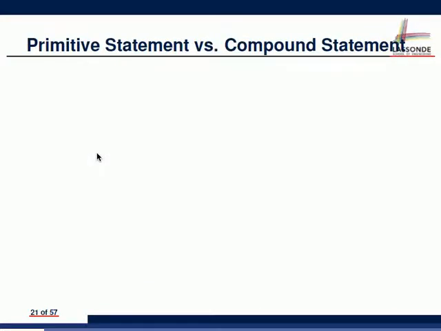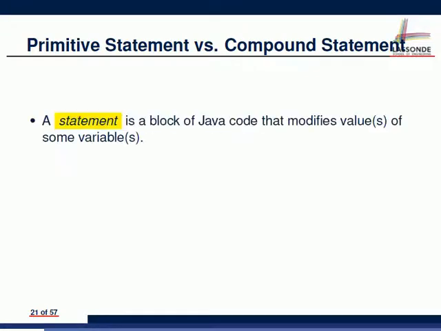Okay, that was easy. I kept talking about primitive versus compound statements, but let's go over their definition very quickly. What does it really mean to be primitive? What does it mean to be compound? So what is a statement? Whenever I say a statement in Java, I mean a simple assignment for us to modify a variable. You have the left-hand side and the right-hand side, the source and also the target.